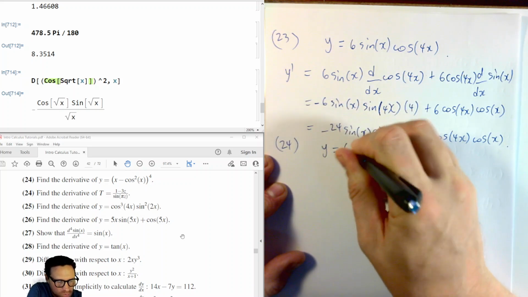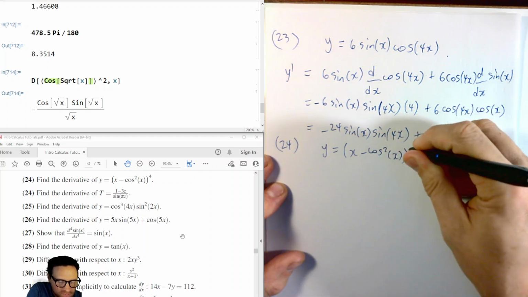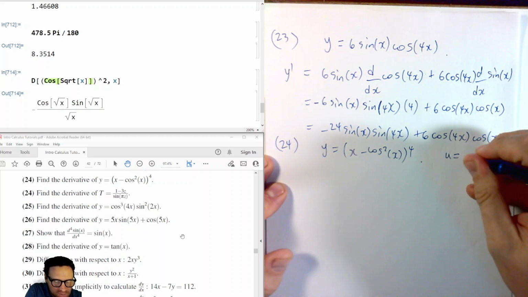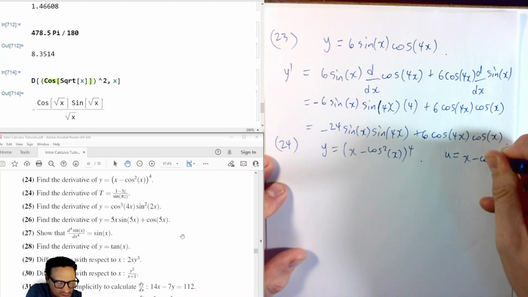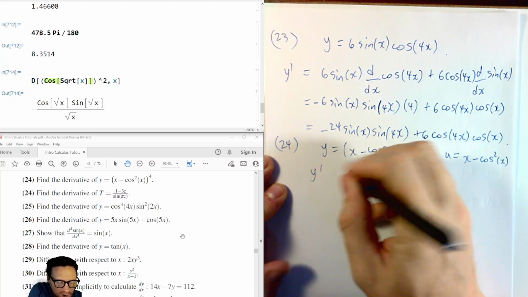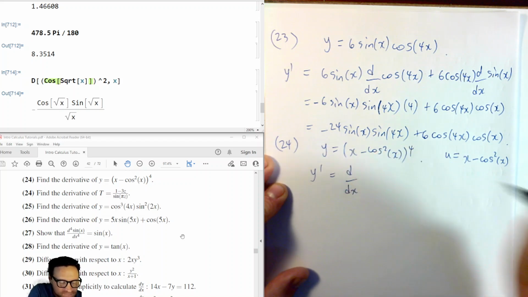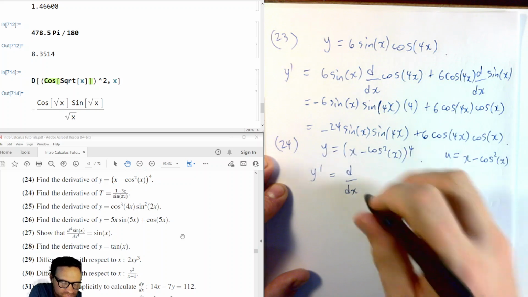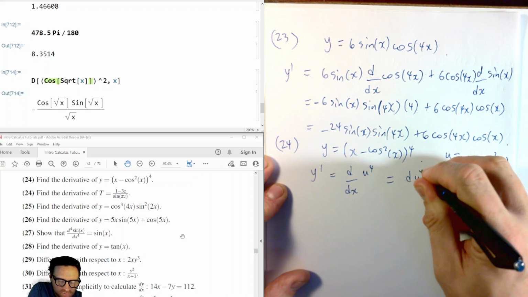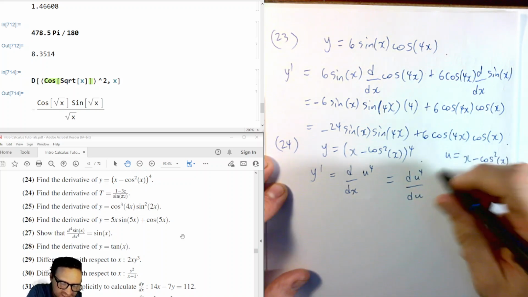We have y equals x minus cos squared of x all to the power of 4. Okay, so here let u be equal to x minus cos squared x. So dy on dx, or y dash, is equal to the derivative with respect to x of u to the power of 4. So du to the 4th on du, du on dx, but u is this.